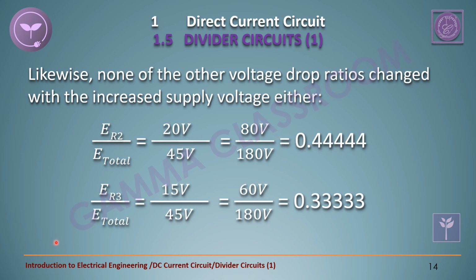And for R3, the voltage drop ratio is the same. The first one is 15 divided by 45. After the battery voltage increase, it is 60 divided by 180, equal to 0.333.